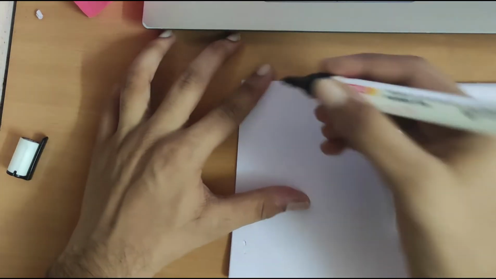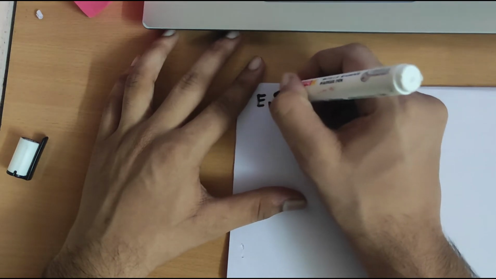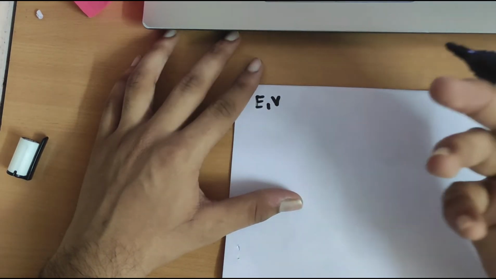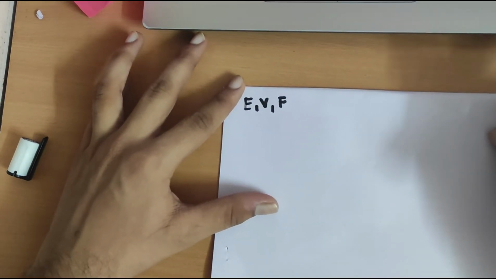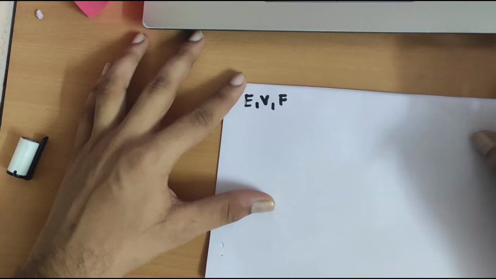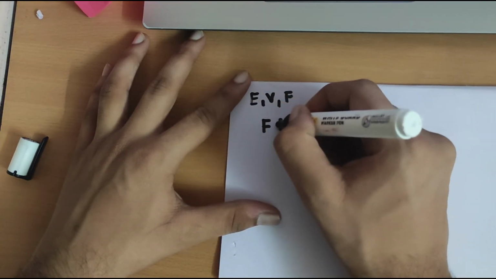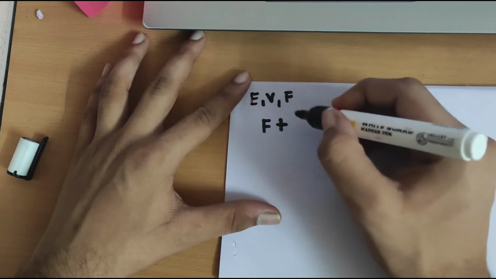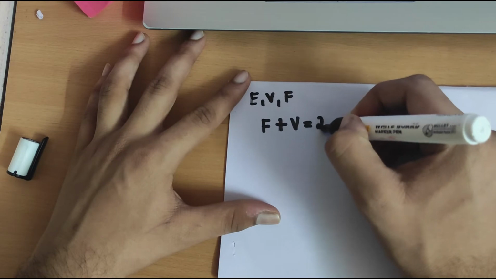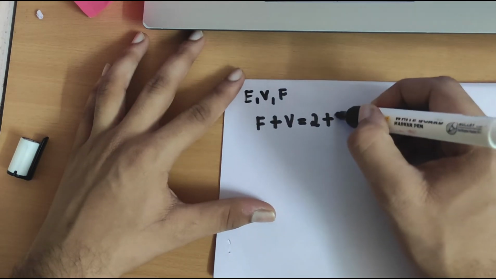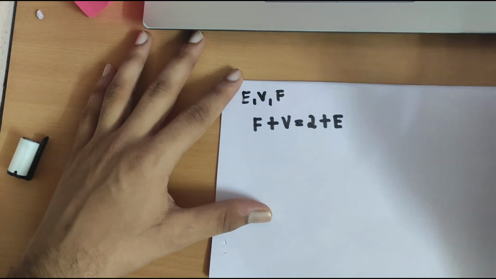Let the edges be E, the vertices be V, and the faces be F. Now the theorem states that F, the number of faces, plus V, the number of vertices, is equal to 2 plus the number of edges. This is the famous Euler's theorem.